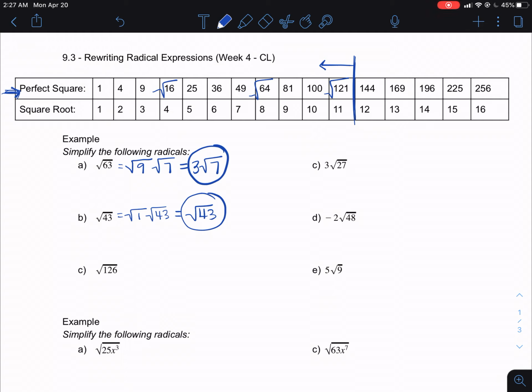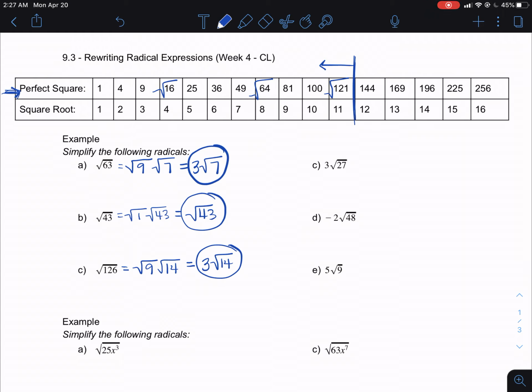So 126 divided by 121, we get a decimal. 126 divided by 100, we get a decimal. And keep working down your list. If you do that, you'll get the square root of 9 and the square root of 14, because 9 times 14 is 126. We can simplify this. The square root of 9 is 3, and then the square root of 14 we can't simplify, so that would be our solution.